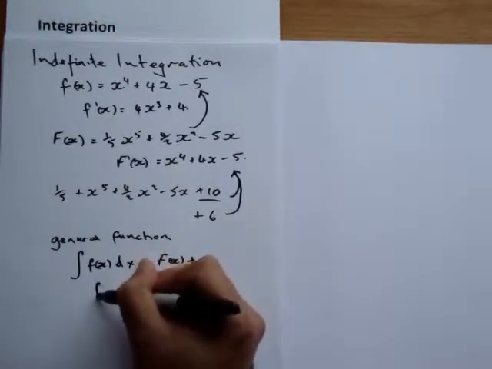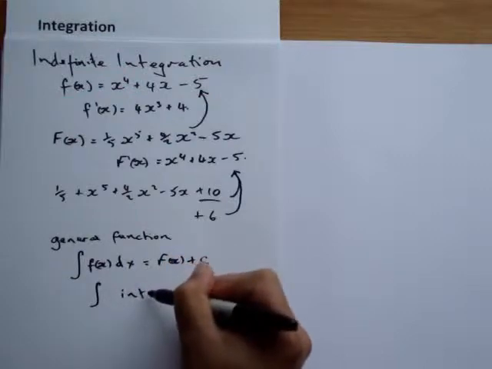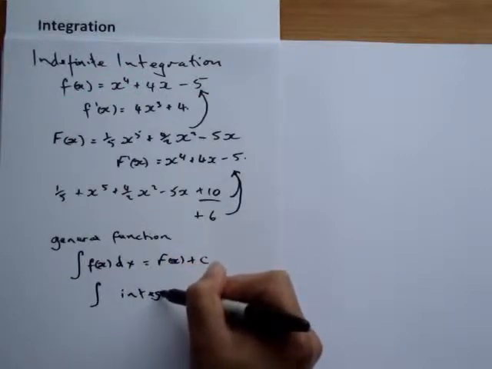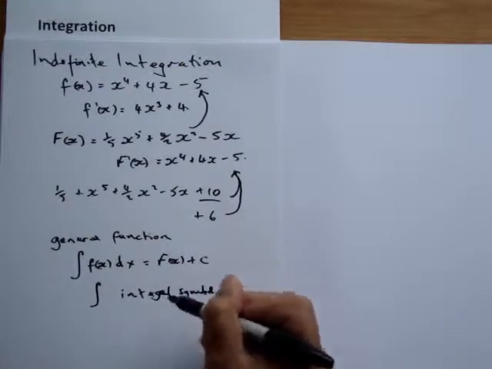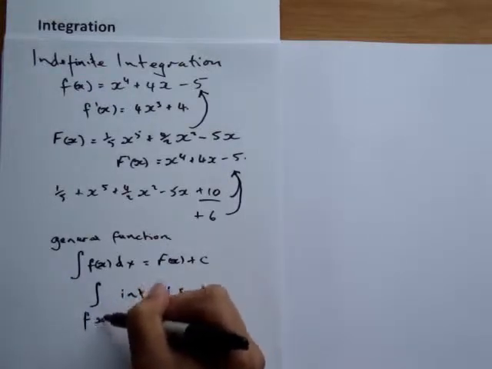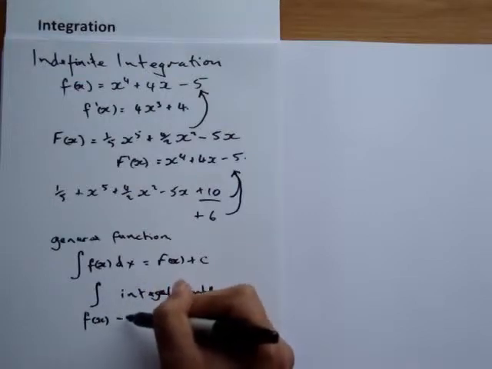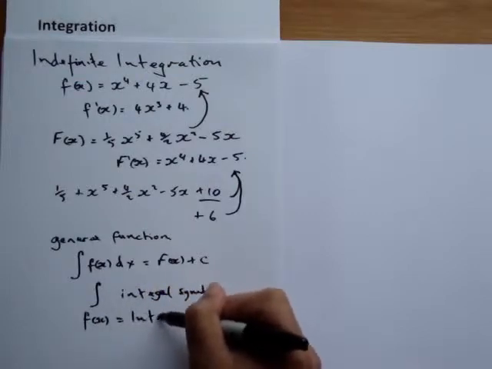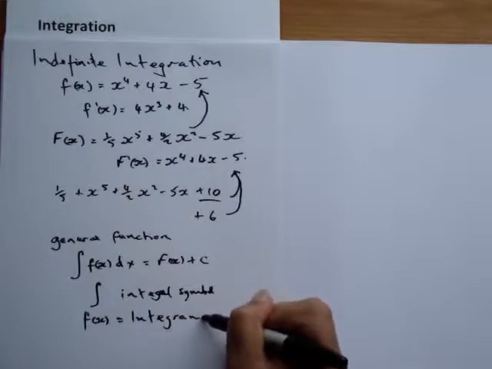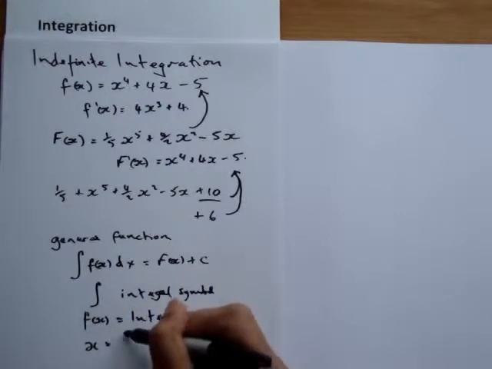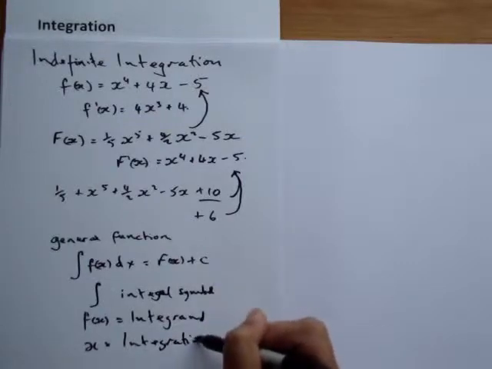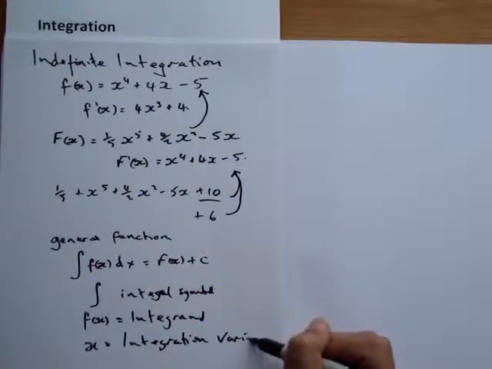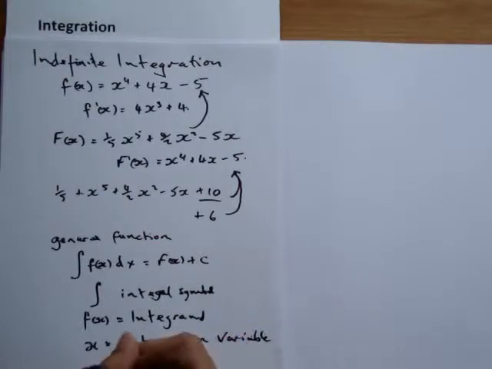So this is the integral sign, f of x is the integrand, x is the integration variable, and c is called the constant of integration.